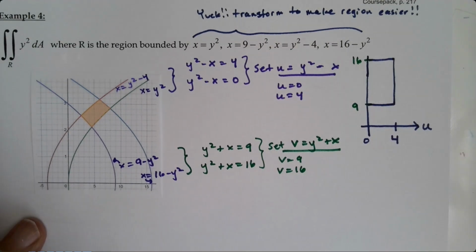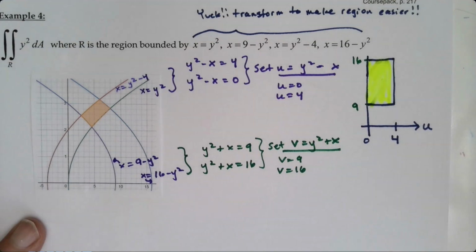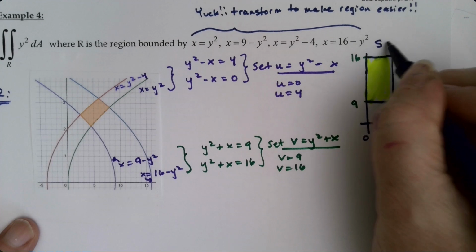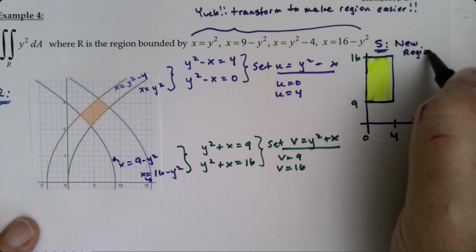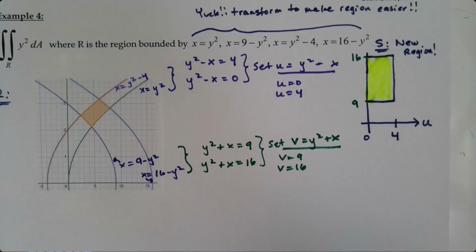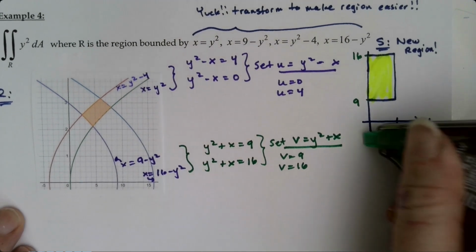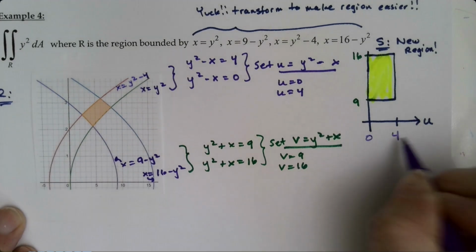And this is our new region. So region R, the region of integration that was given, is over here. So this is R, this is S, the new region. And we like it because, boy, does it have a lot easier numbers to work with. We're going from 9 to 16 for our v's, and we're going from 0 to 4 for our u's.